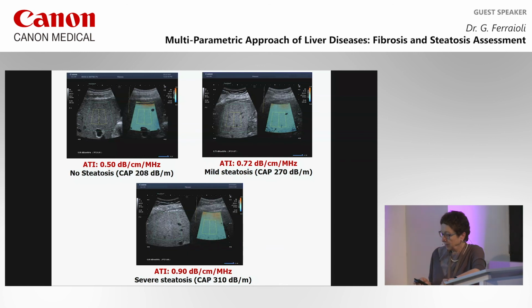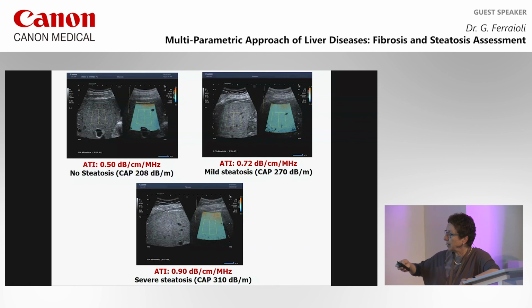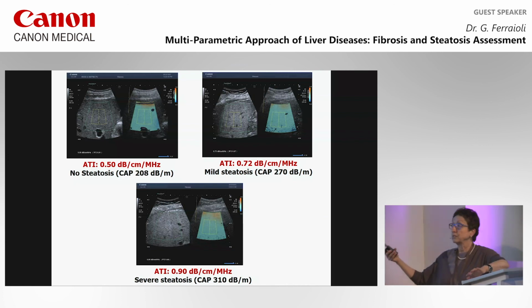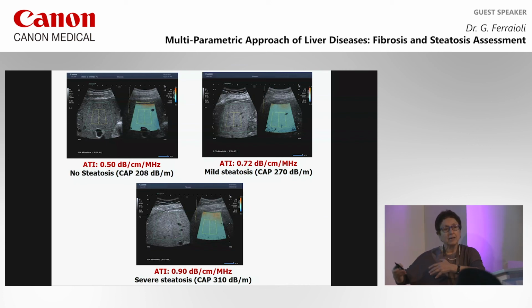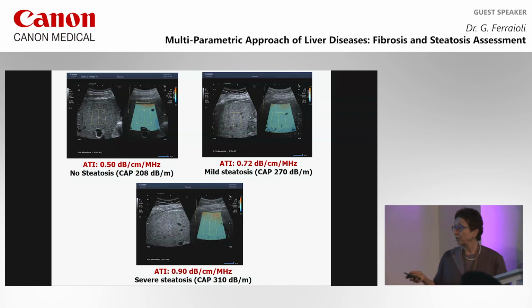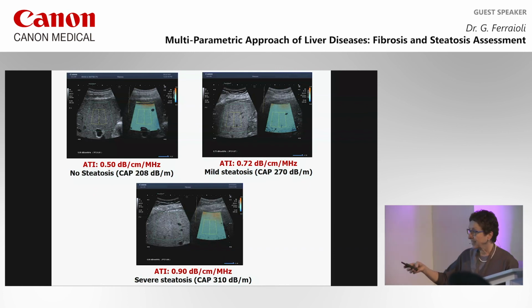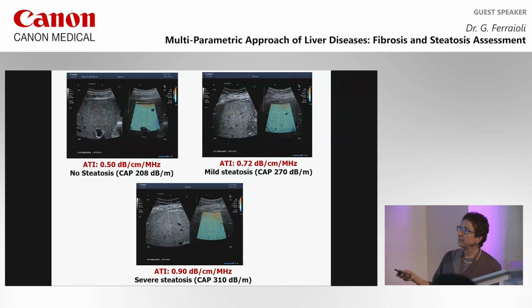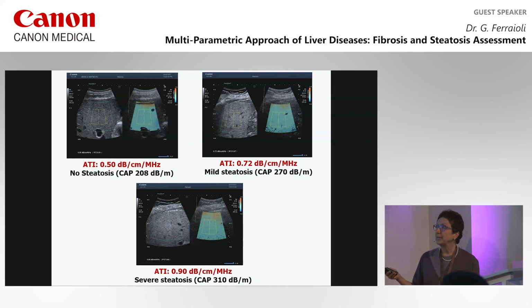And this is some of our patients in our study. We have compared the results obtained with the ATI to the CAP. And in case of no steatosis, mild steatosis, or severe steatosis, there is an increase of the value. The numbers are different, because the CAP gives the value in decibel per meter.